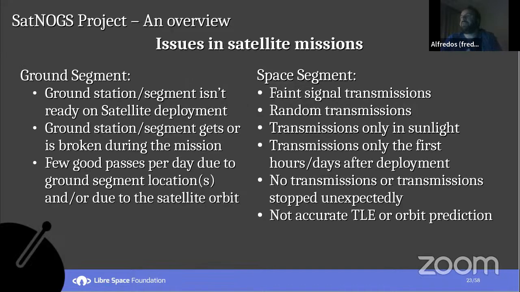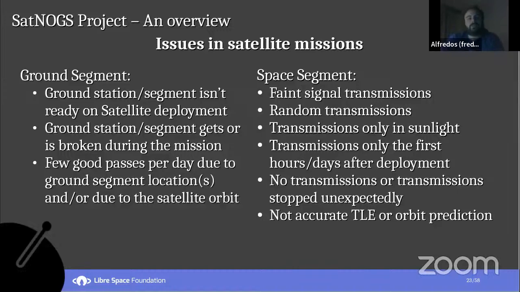Like in the ground segment, we have seen missions that don't have a ground segment at all. So they deploy a satellite, but no ground segment at all. Or their ground station is broken, or the orbit that the satellite follows is not visible from, or has very low passes from, the location they are in.